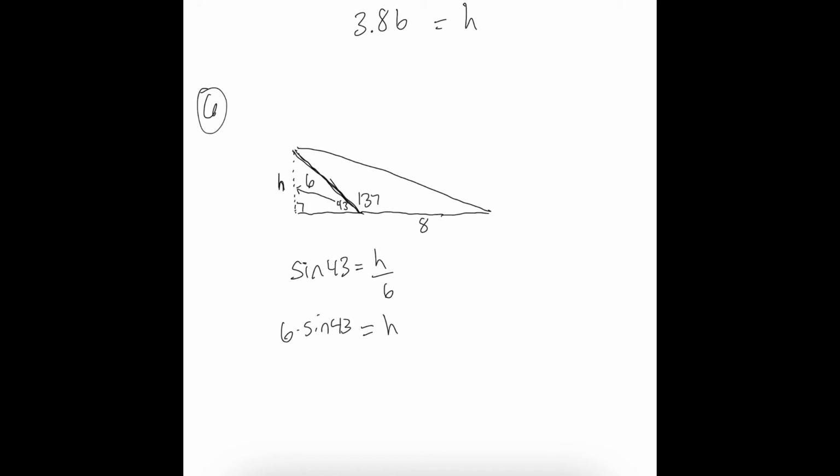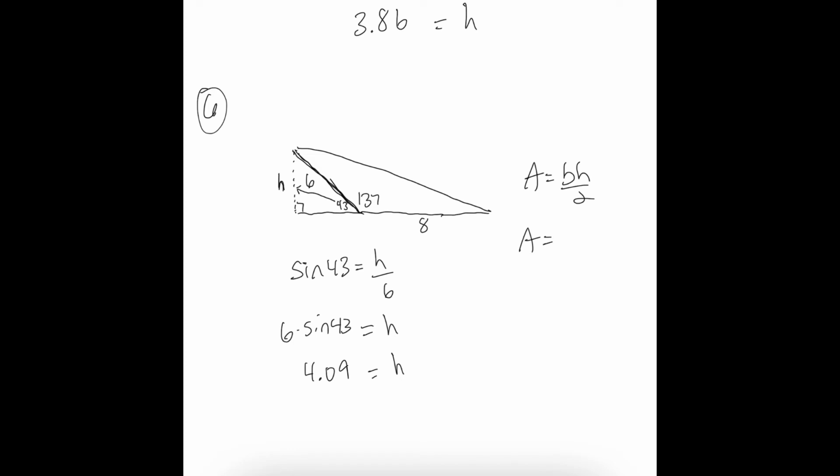So in my calculator, let's do 6 times sine 43. To the nearest hundredth, I get 4.09 for my height.